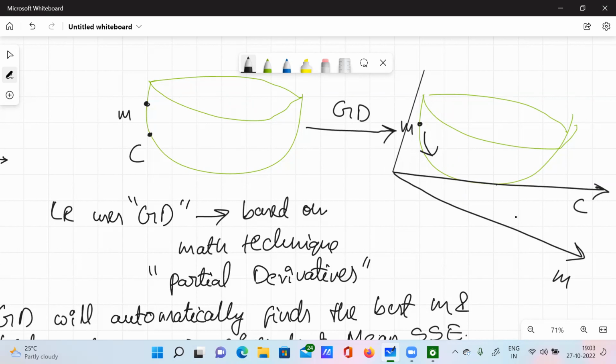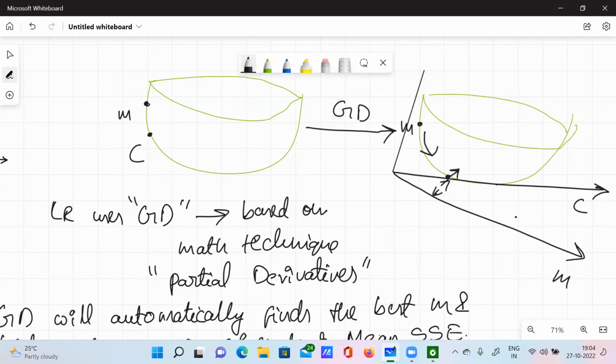So what is the possible minimal distance of the M here? If this point moves to here, then this distance would be the minimum, right? If the M moves to here, the distance would be somewhat maximum, so it would not be the case like here. Our gradient descent algorithm will automatically detect this M value and bring it down to the nearest possible position.